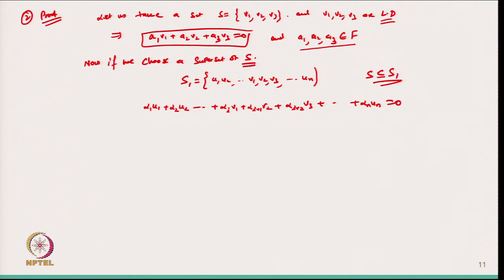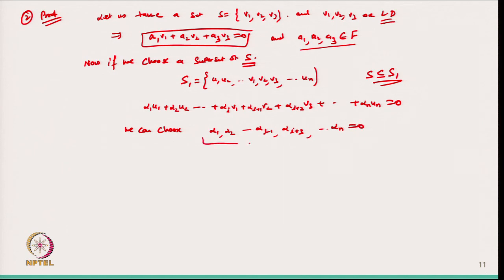Now, in this case I want to check what is going to happen for this set of vectors. From here you can check that we can choose all alpha1, alpha2, up to alpha i-1, and then alpha i+3, up to alpha n equal to 0.